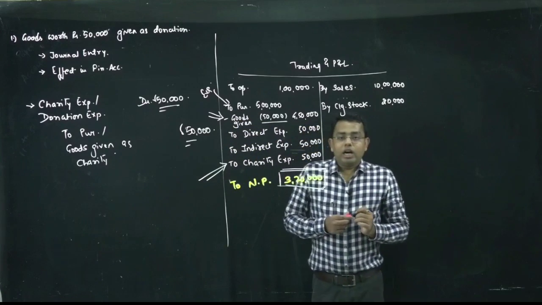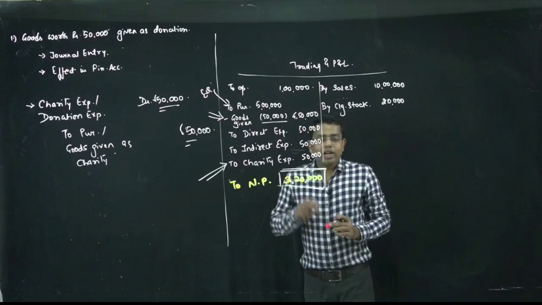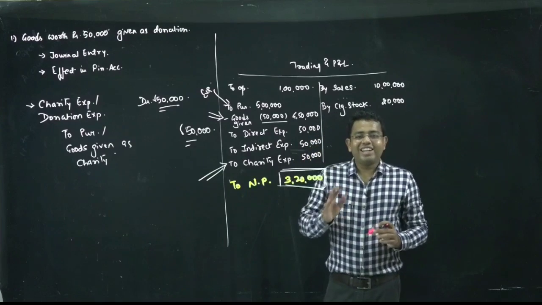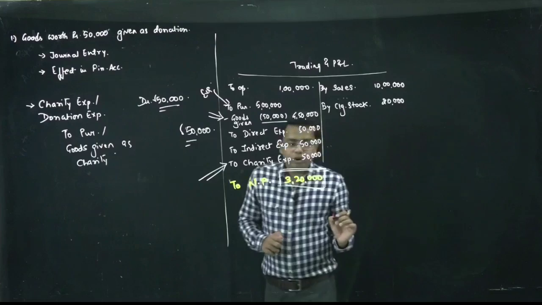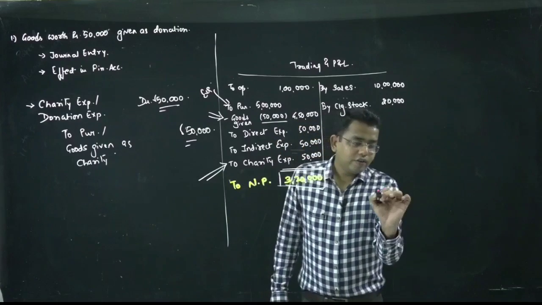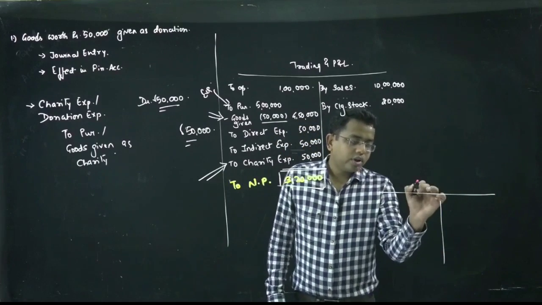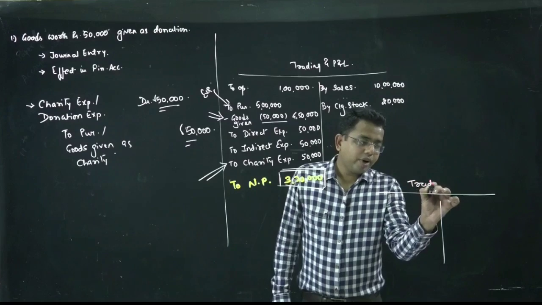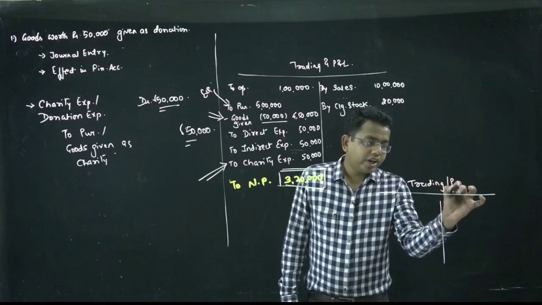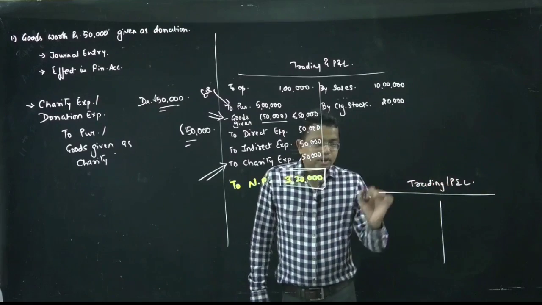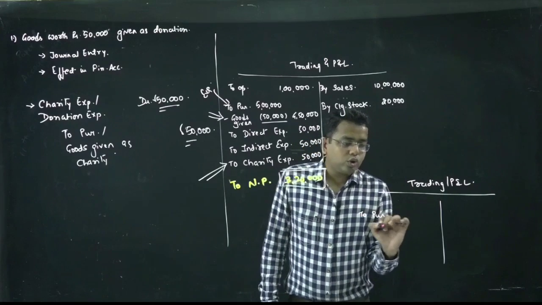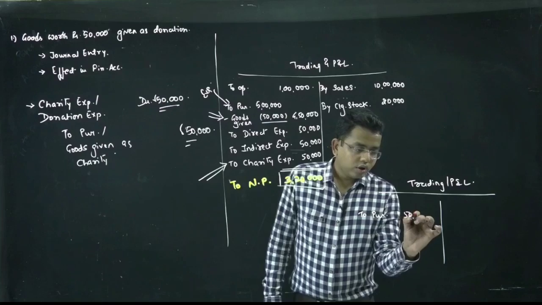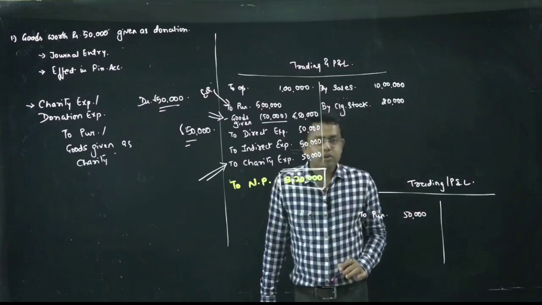Yes, let us take one more example and then try to understand. Say for example, in the final accounts, again I am doing a combined trading P&L. I had started business by purchasing goods worth rupees 50,000.